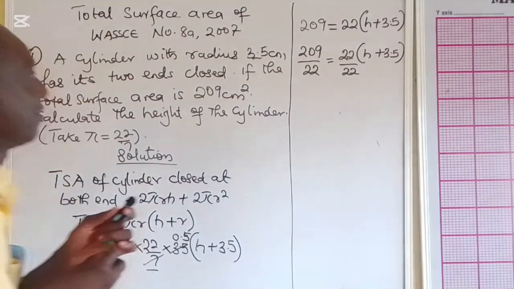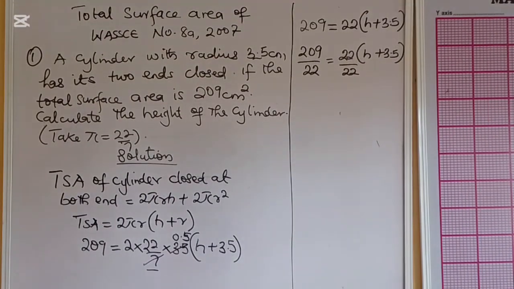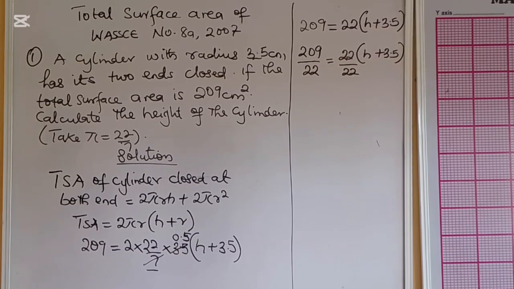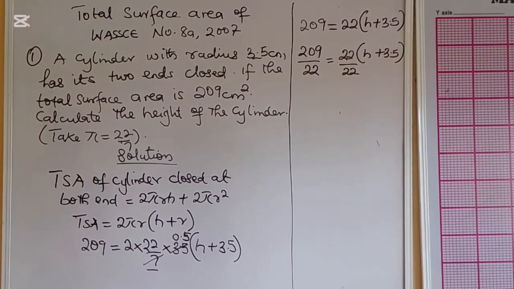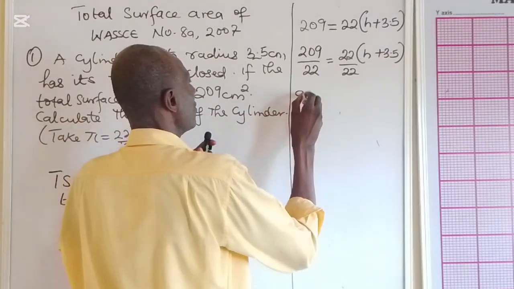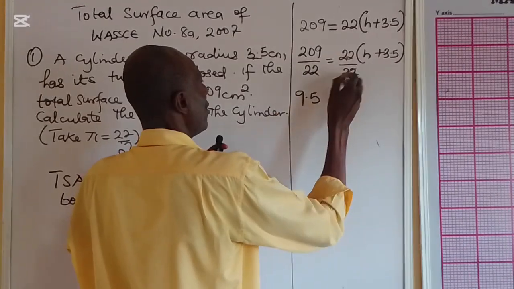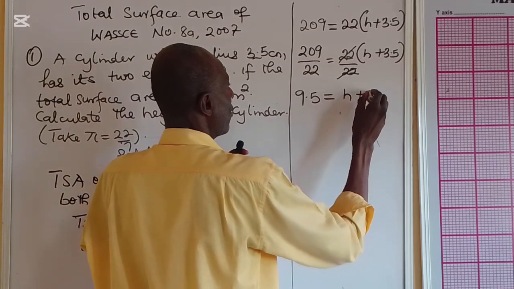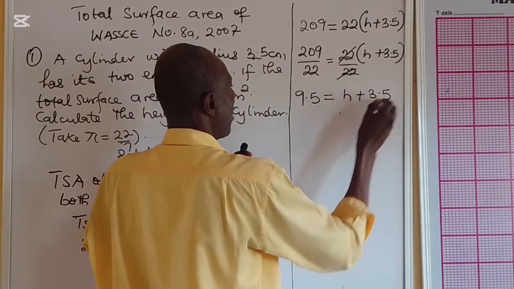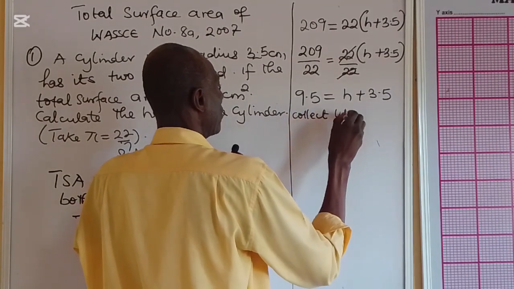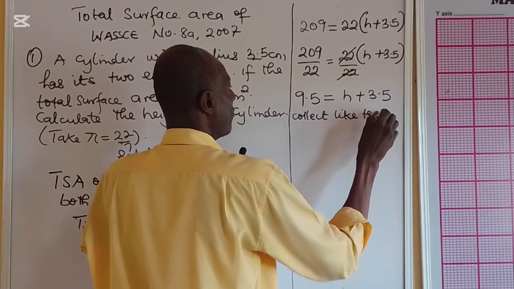Let's divide 209 by 22. 209 divided by 22 gives us 9.5. This will cancel this. Now here we have h plus 3.5. Let's collect like terms.